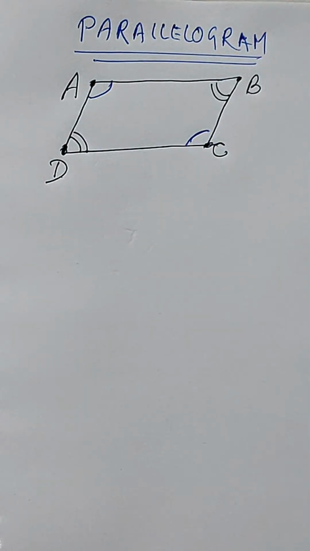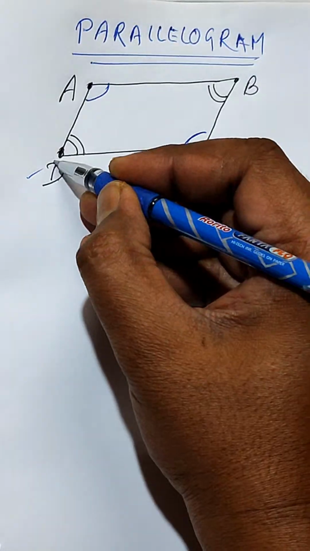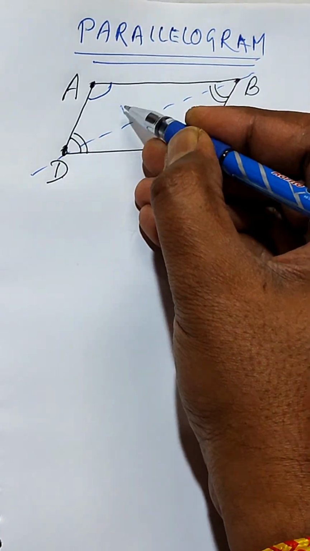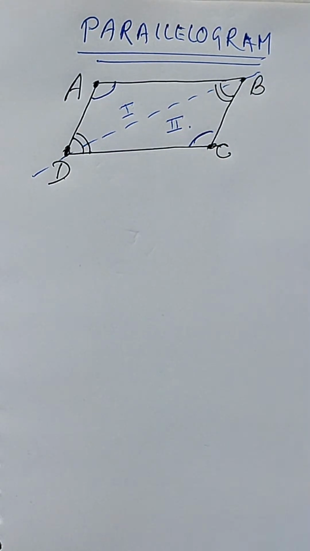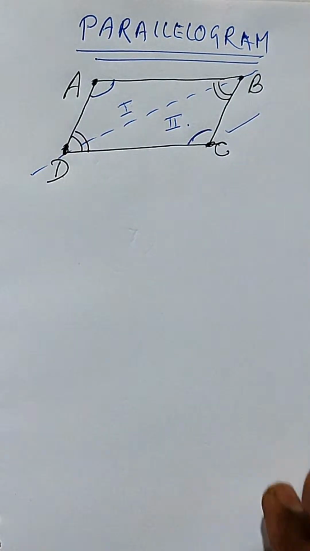So the basic theorem which is followed is that a diagonal of a parallelogram, if this is the diagonal, divides a parallelogram into two triangles of equal area. This is one of the theorems that is followed everywhere when there is a parallelogram.